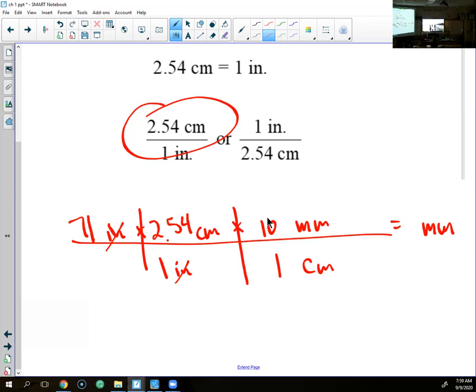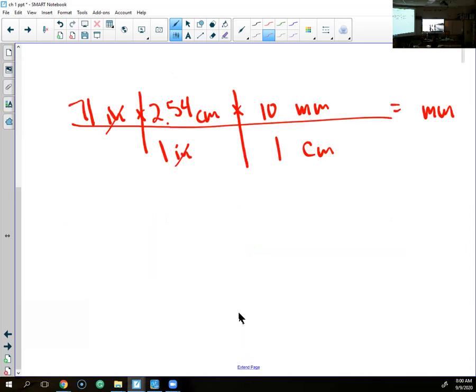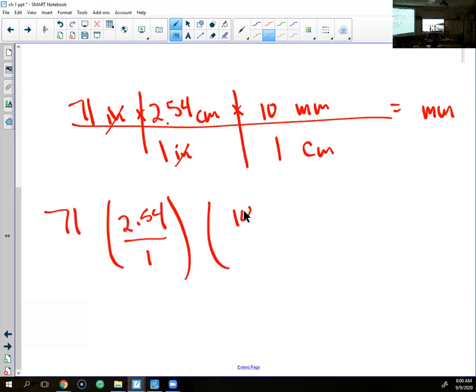Now, when you see it in a textbook, you'll see it written different. It would be 71, and then you'd have 2.54 over 1, and then you'd have 10 over 1. And it would look like that. There'd probably be a multiply sign here and here. That's fine. I like to put it just in this, which I call the picket fence, just to keep it lined up and with less parentheses.